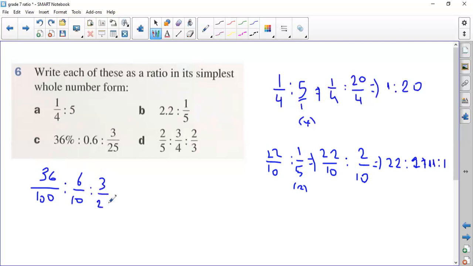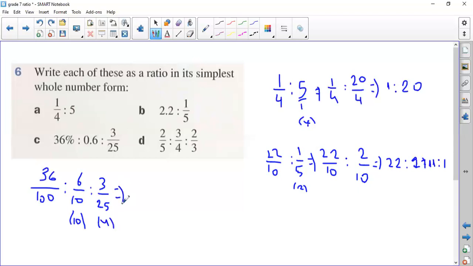So the least common multiple of these denominators will be 100. So I will make the denominators 100. It means I will enlarge the second fraction with 10 and the third one with 4, to make 100.